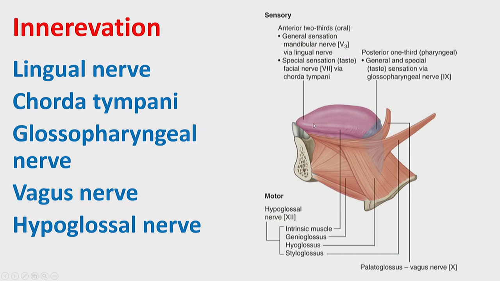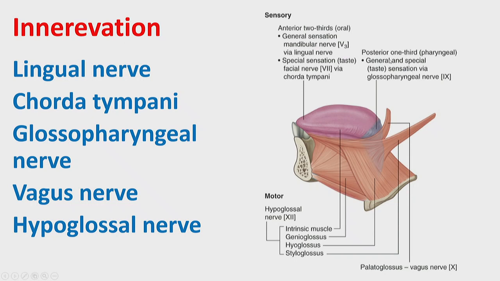For the anterior two-thirds it is via the chorda tympani, which is a branch of the facial nerve. So for the anterior two-thirds, as you see, it's different: the general sensation is innervated by the lingual nerve, which is a branch of the mandibular nerve, and the special sensation or taste by the chorda tympani.